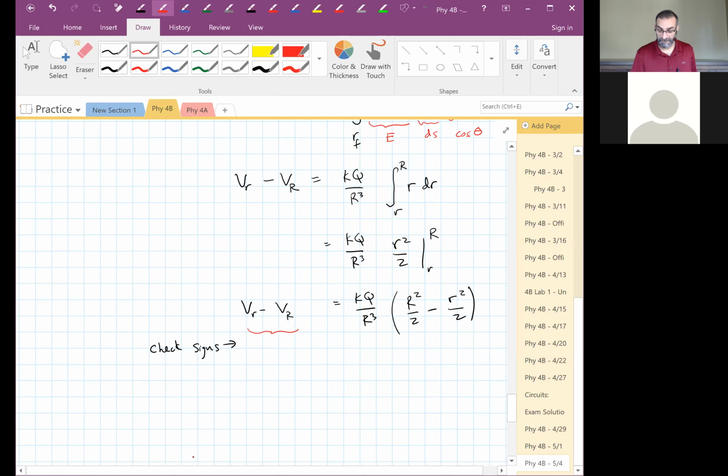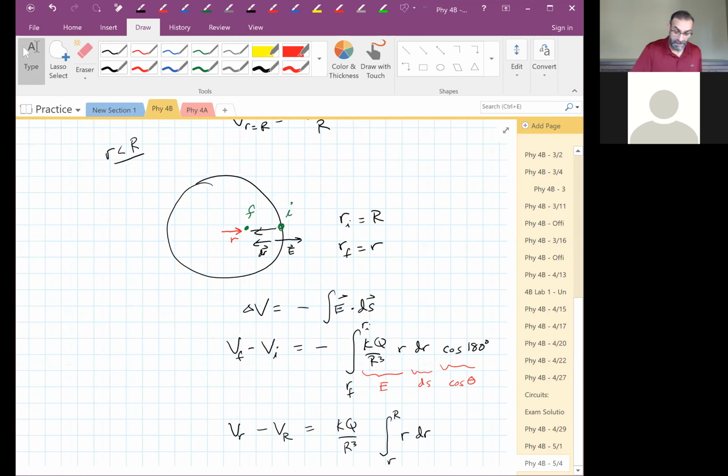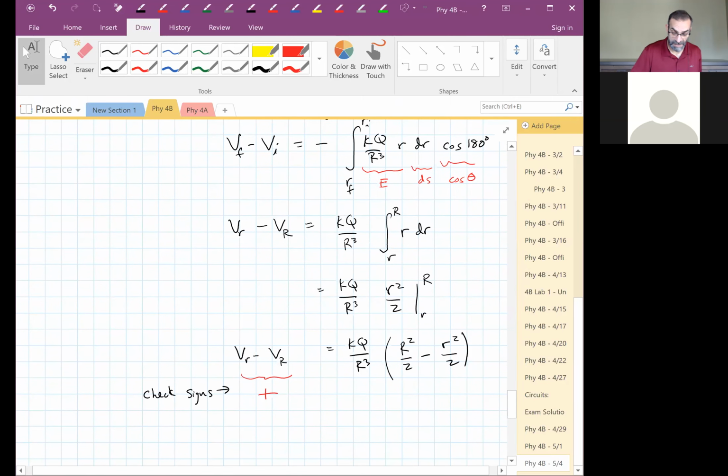Positive or negative? Positive, because the electric field points outward from final to initial. So the initial has to be less than the final. So our delta V has to be positive.